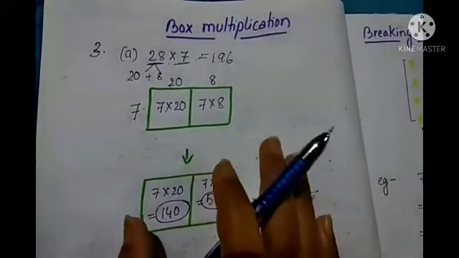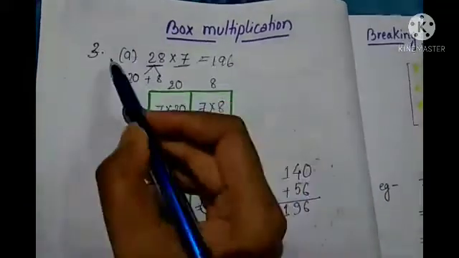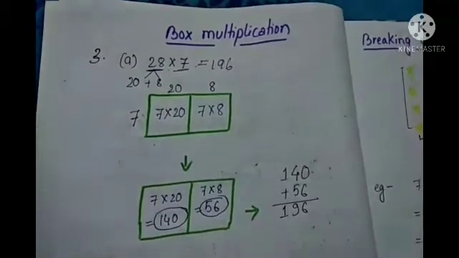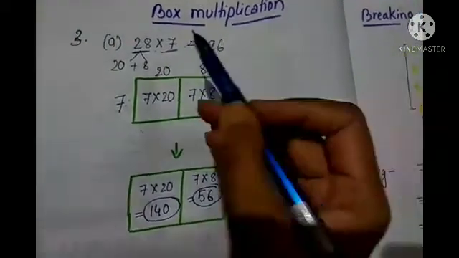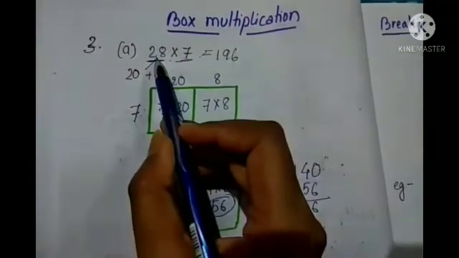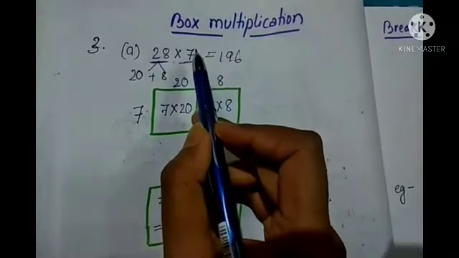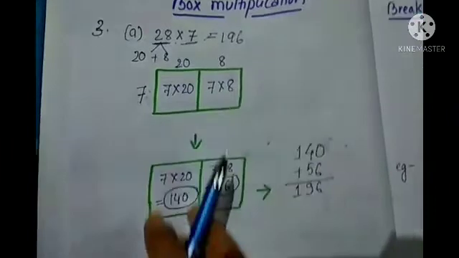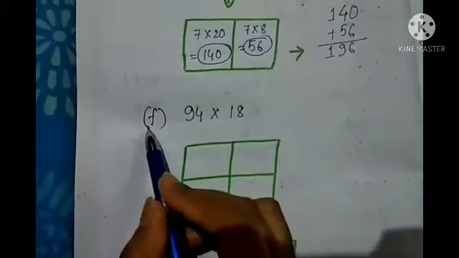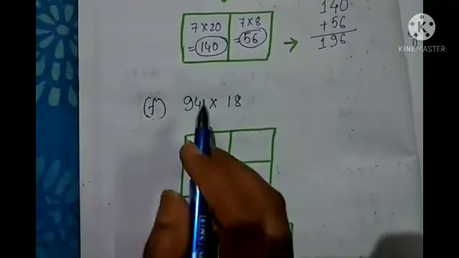Okay, so few more examples are there in 3 numbers B, C. So you go through that. Now, what if there are 2-digit numbers in both the cases, like in this number F. I have taken this number.